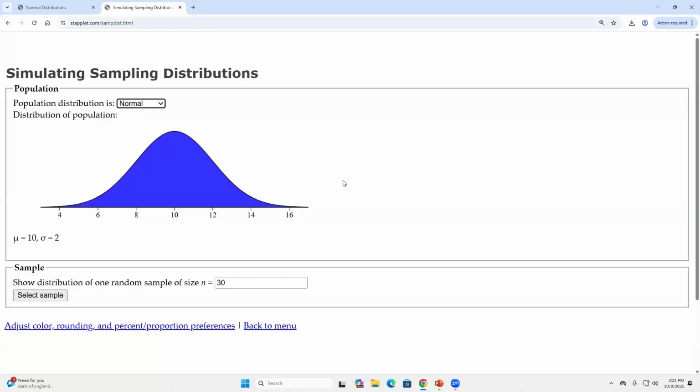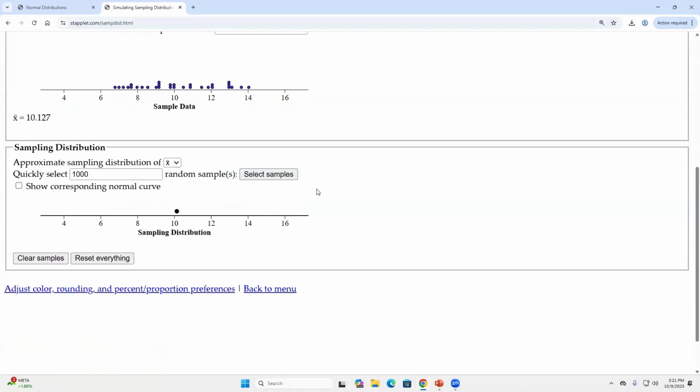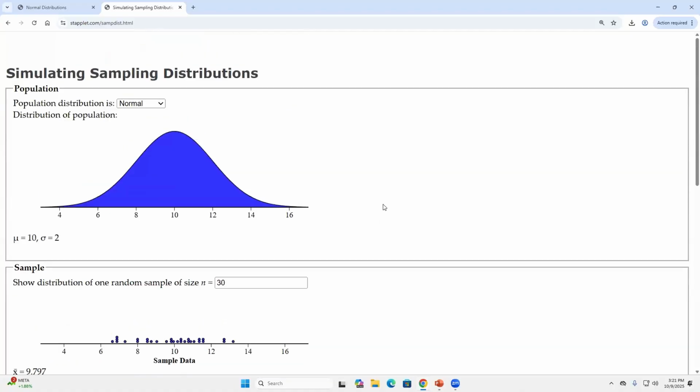One of the things that trips up students the most is they get the population distribution confused with the sampling distribution. And one of the reasons that this happens is because oftentimes when textbooks and instructors introduce the idea of the sampling distribution, they'll start with a normally distributed population, because a normally distributed population is what we've been working with so far.